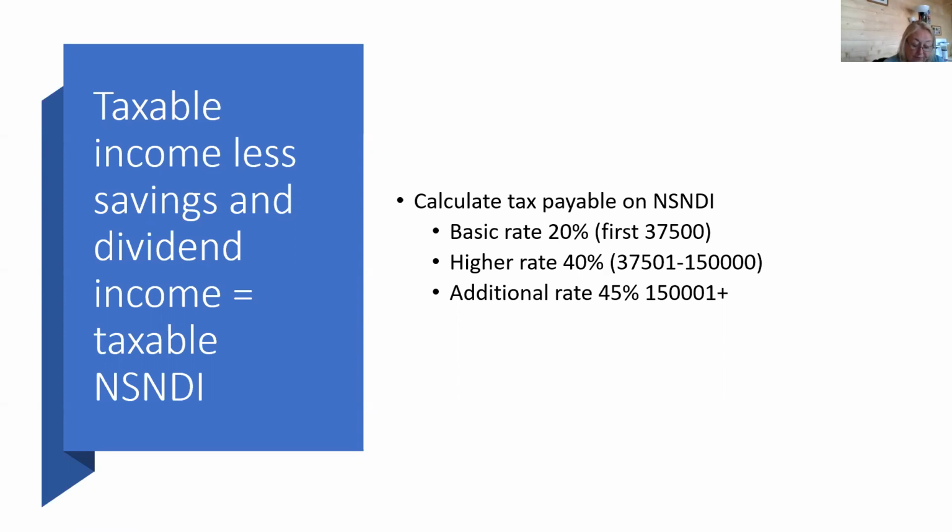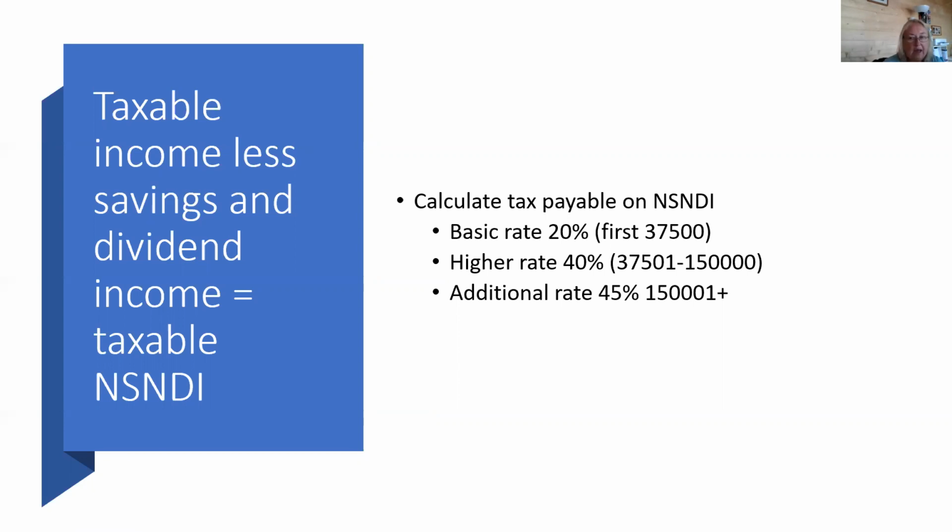And it's taxed at different rates. So the basic rate is the first £37,500 that you have after you've taken off your personal allowance. Remember, we already did that. If you have any money left after that, so if you've got money of, say, £50,000 at that point, then you're going into the higher rate tax band.